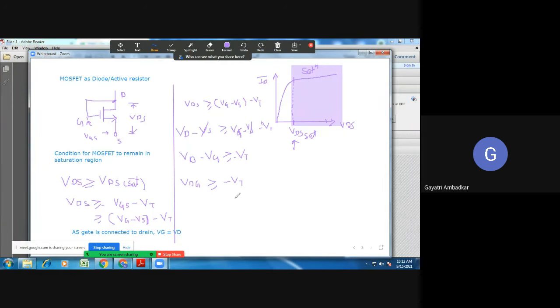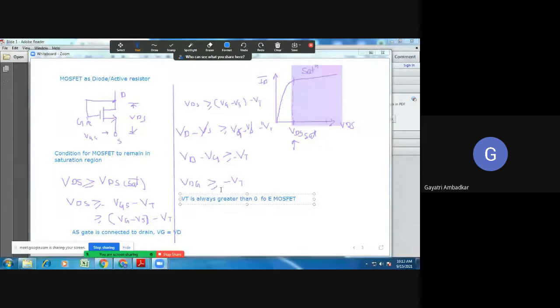Now this VT is always greater than 0, that is a positive value, for a MOSFET. It means minus VT is a negative value.